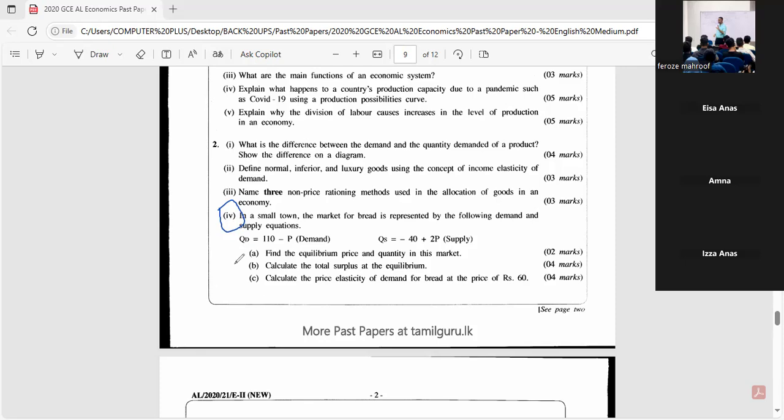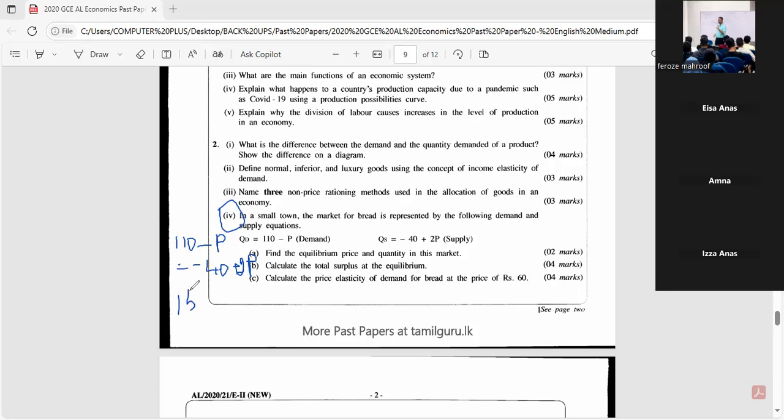Right. So when it comes to equilibrium price and quantity, 110 minus P is equal to minus 40 plus 2P. So this minus 40 comes to the left side.